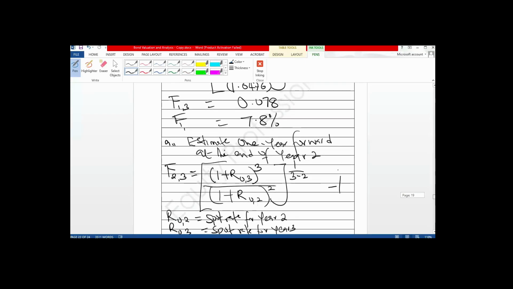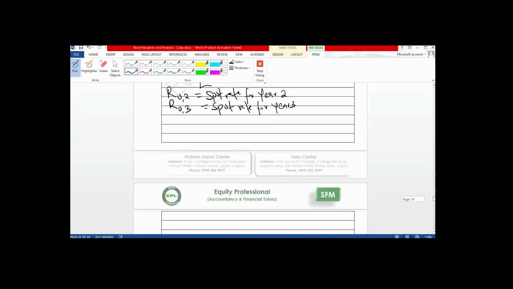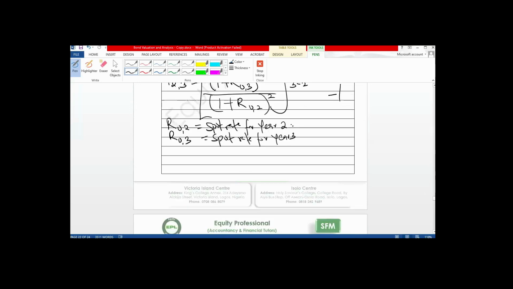Then the next one is to estimate the 1 year forward rate at the end of year 2. Look at the formula. Spot rate for year 3, spot rate for year 2. For year 2 is 6.3%. For year 3 is 6.8%.